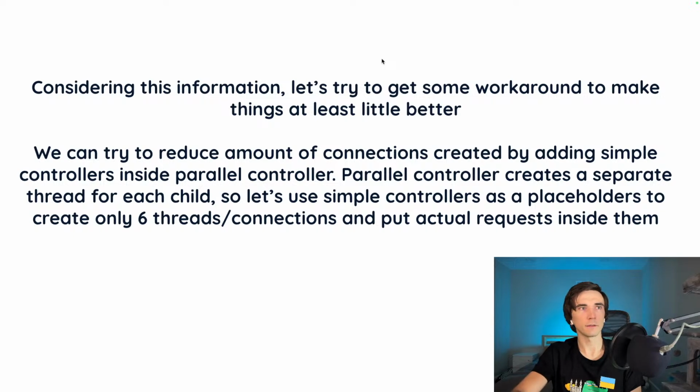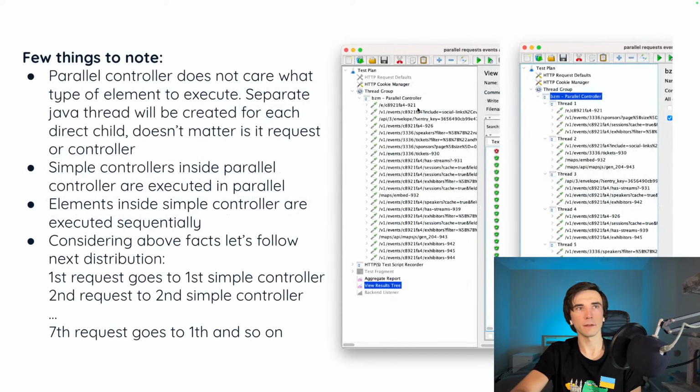Instead of having 25 requests and 25 new threads created, we can work around it a little bit. The parallel controller itself doesn't care what to execute. It will execute any child element, whether it is a sampler, controller, post-processor, or listener.